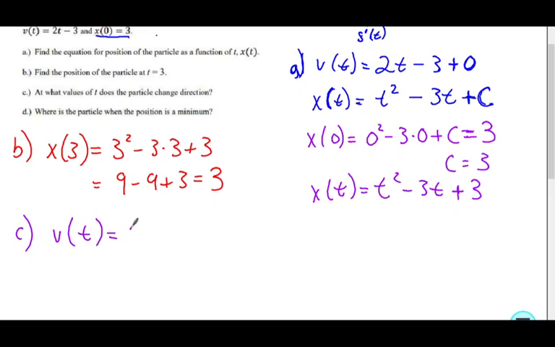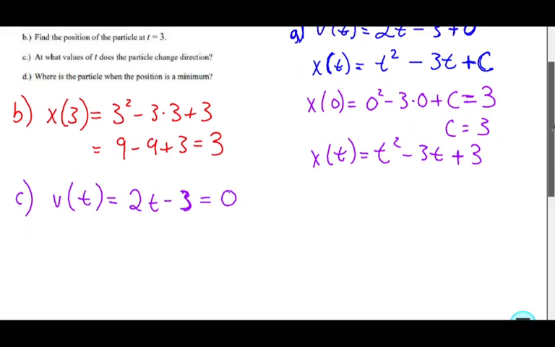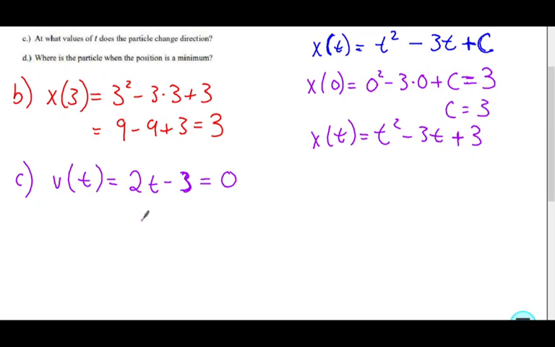So we're going to say v of t equals 0. To find where it's positive or negative, we need to first find where it is 0. So we set our velocity equal to 0, which means t is equal to 3 halves. Now the only other thing we need to do is double check. What if I plug in, say, 1?